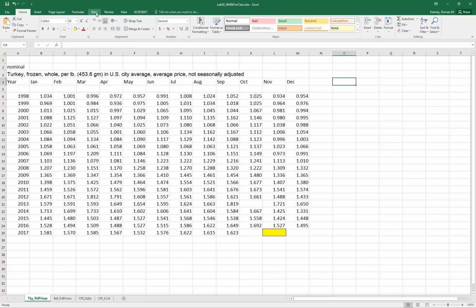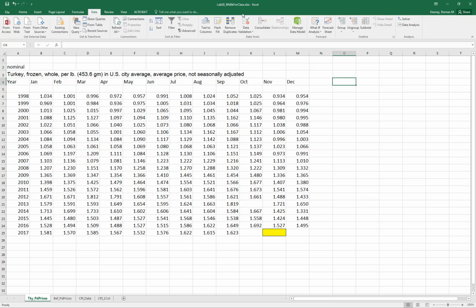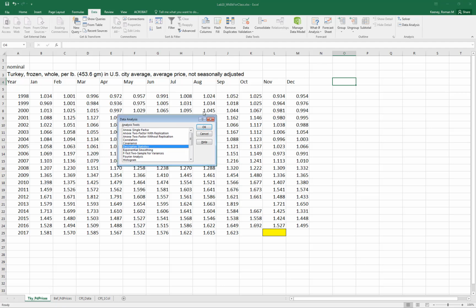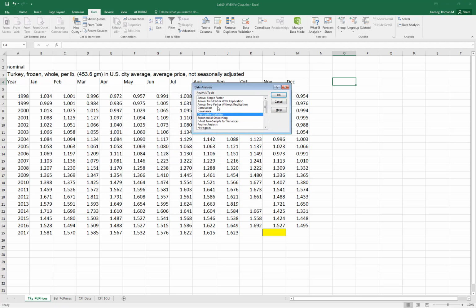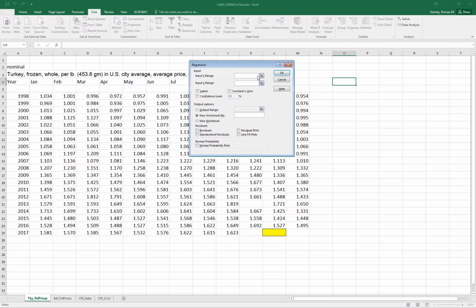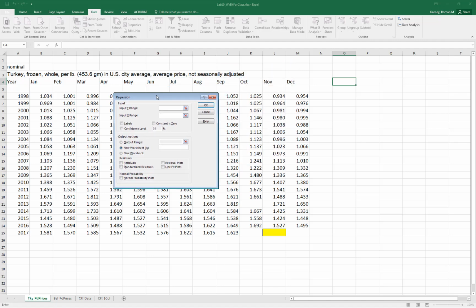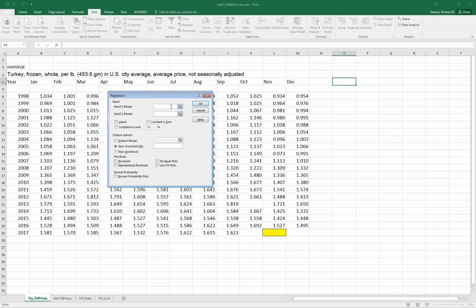go to the top, go to the Data tab, then go to Data Analysis, and that'll open up these options. ANOVA: Two-Factor. If you scroll down, you'll find Regression, and click on OK. Then we get the regression input box, the regression menu. We need a y variable and an x variable.